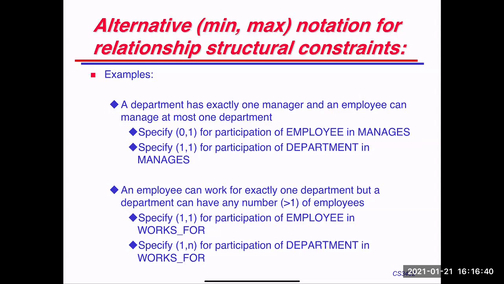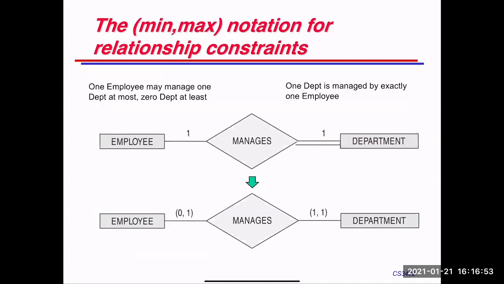Good. All right, now similarly for one-to-n. Actually, let me just show you the picture here, maybe this makes it clearer. So an employee might manage 0 or 1 departments, but each department is managed by exactly one employee.